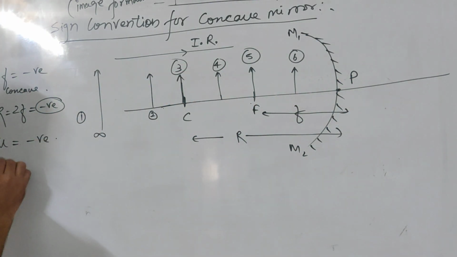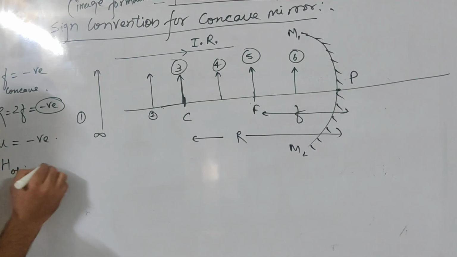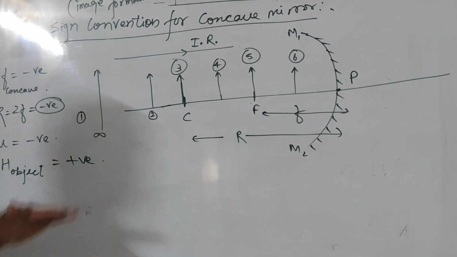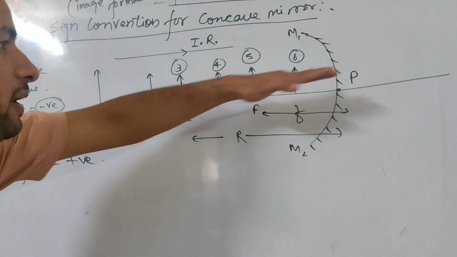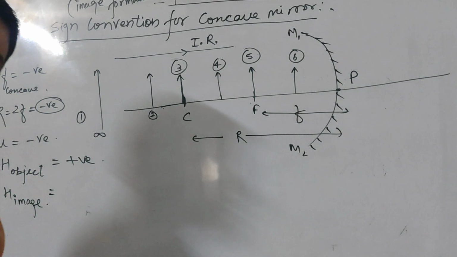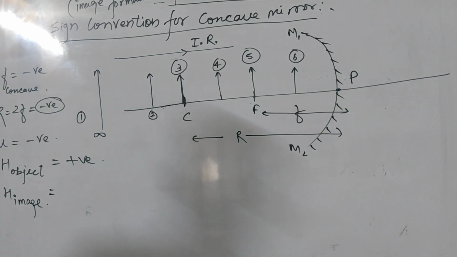Height of object is positive because it is always above the principal axis. And next thing, height of image. Now in this situation, the image can be real or virtual, right?